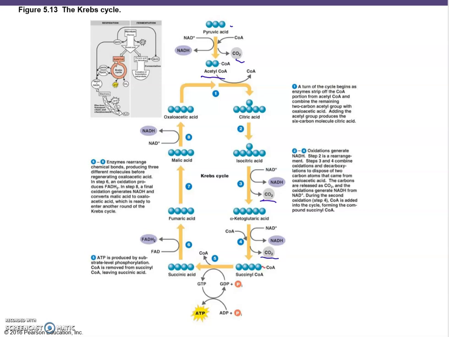Remember, we put 2 carbons into the Krebs cycle, and here they go off as CO2, completely oxidized. And we're back to 4-carbon compounds that ultimately return to be oxaloacetic acid and grab onto the next acetyl-CoA for making more citric acid. So the whole thing is truly a cycle that keeps going.